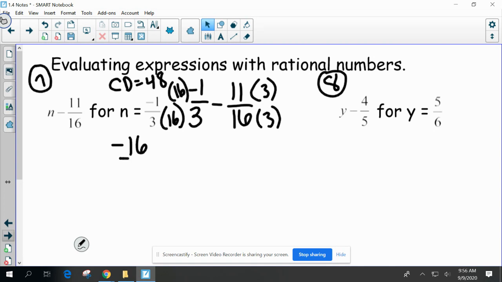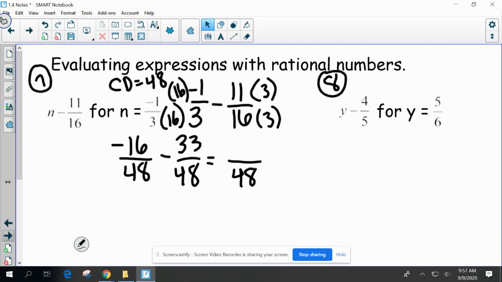So that would be negative 16 over 48 minus 33 over 48. So negative 16 minus 33 is what? What's my bottom on? Should be 48. I was gonna say, you don't have to know.